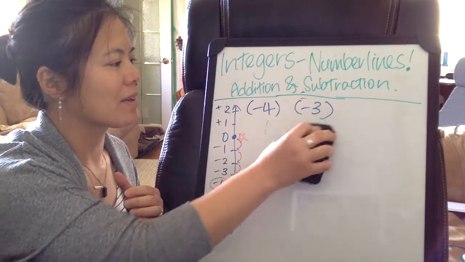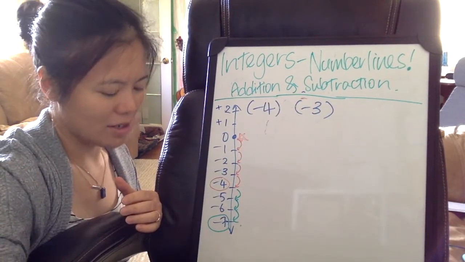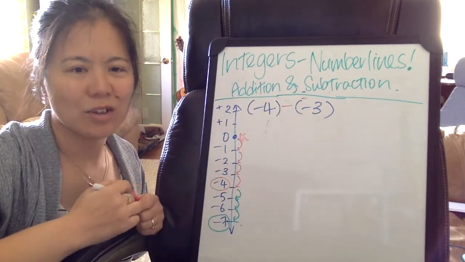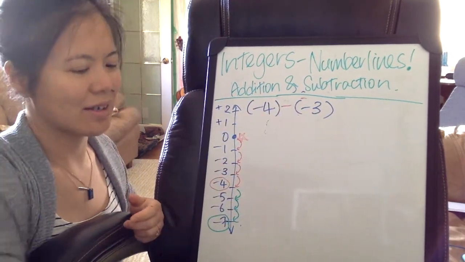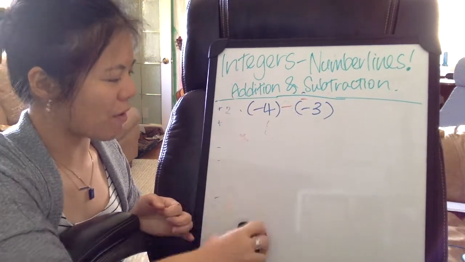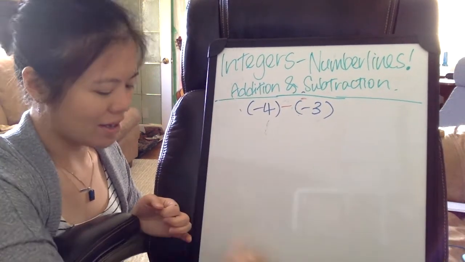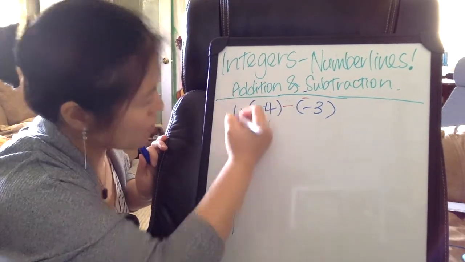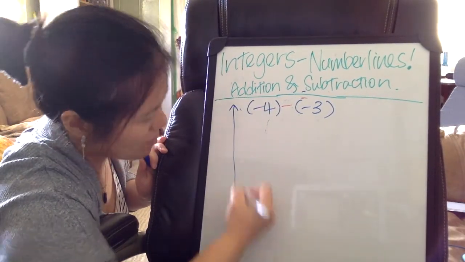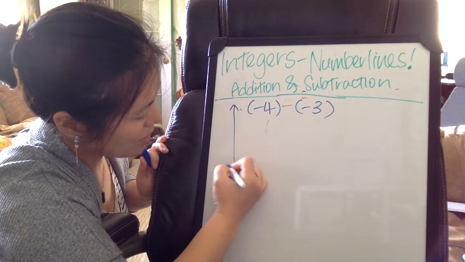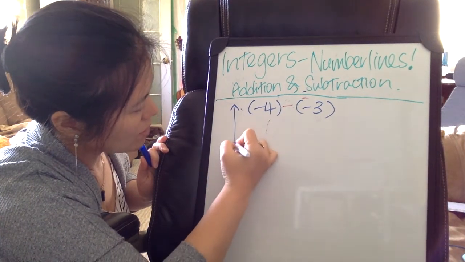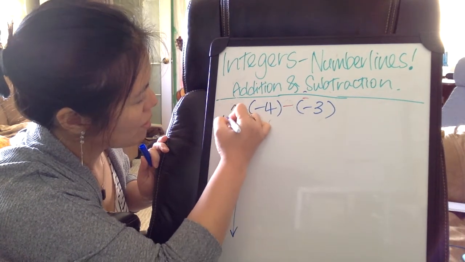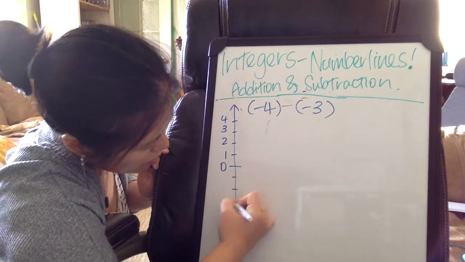Okay. And now this is a negative sign. So what does that mean? Okay. The first part is the same. Okay, so you always start with 0. I'm going to write my number signs again. 1, 2, 3, 4. 1, 2, 3, 4.